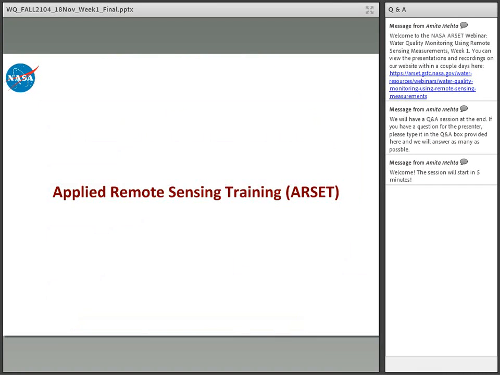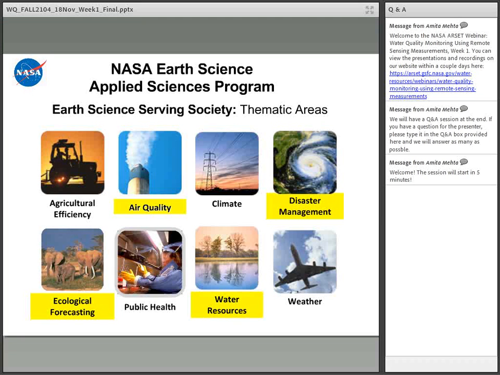So with that, I want to spend some time talking about the Applied Remote Sensing Training, or ARSET program. ARSET is a program of NASA Applied Sciences program. NASA Earth Science has research as well as applied sciences program, and ARSET is a capacity building program that is supported by applied sciences.